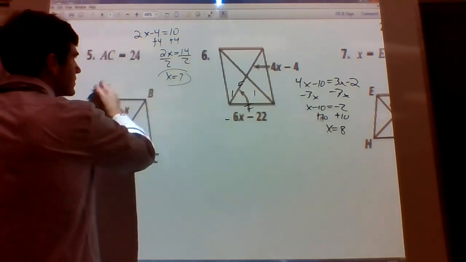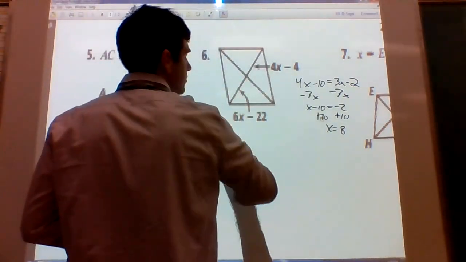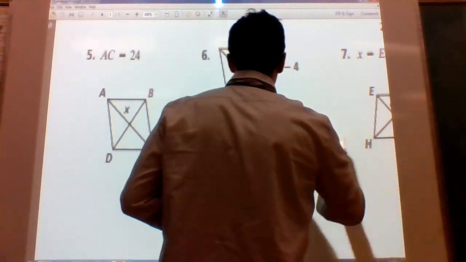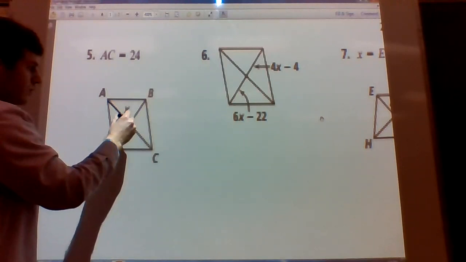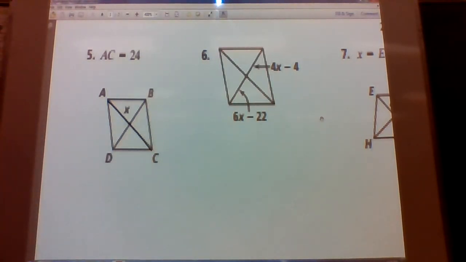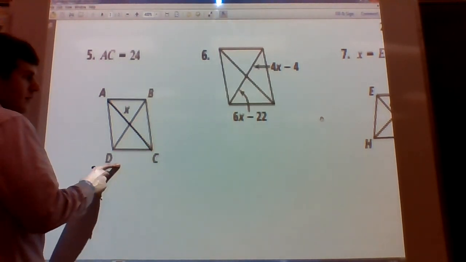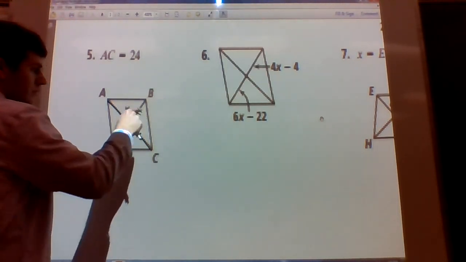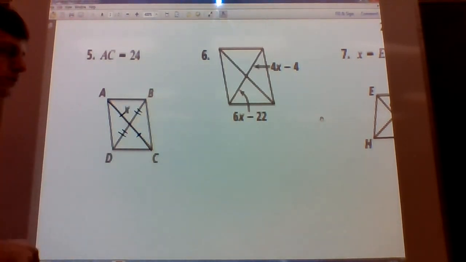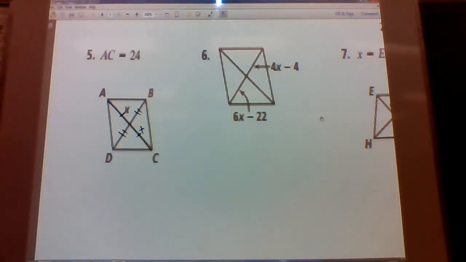Looks like 5, 6, and 7 are going to be very similar. Pretty much the same. Okay, 5 is a little different. So again, it's telling us AC is 24, so the whole thing is 24. We know our diagonals are AC and BD, so AC bisects BD, and BD bisects AC. So these segments are congruent, and then these segments are congruent. So if this is x, this one, since it's congruent, is also going to be x.